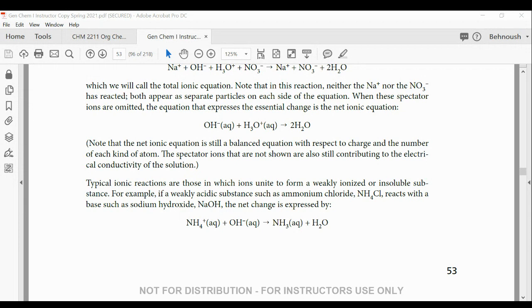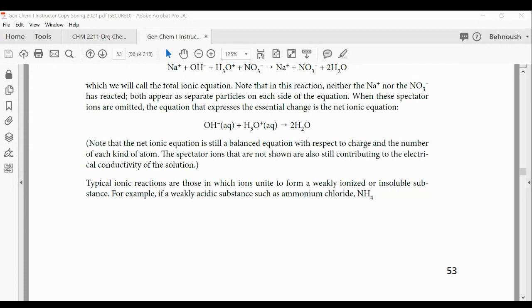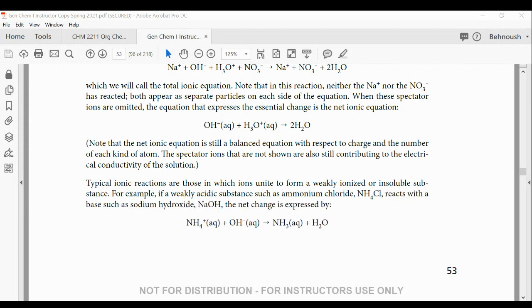Okay, sodium hydroxide. Lithium hydroxide. So a strong base would be a hydroxide of anything from group 1A, and a couple of the ones from group 2A. So you have a strong base if it's a hydroxide of group 1A.